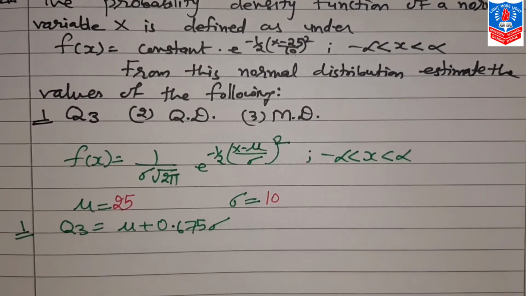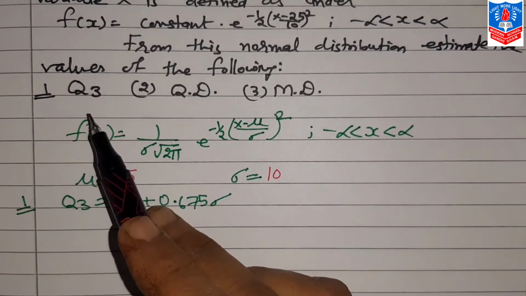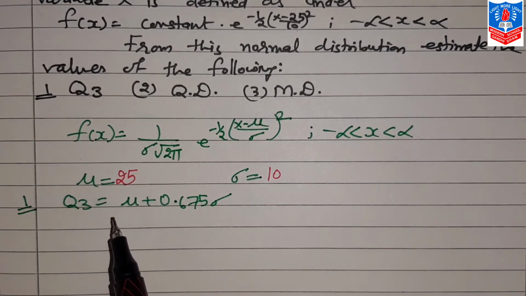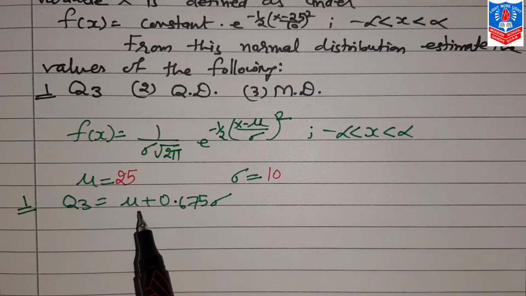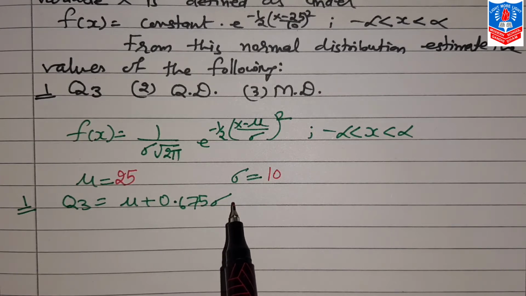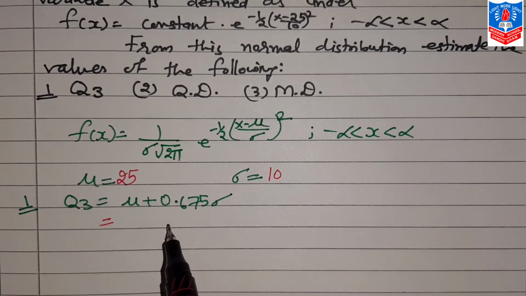Now first we are supposed to find Q3, the third quartile. Already we have done it in characteristics: Q3 is equal to mu plus 0.675 sigma. Now the values of mu and sigma we know very well.